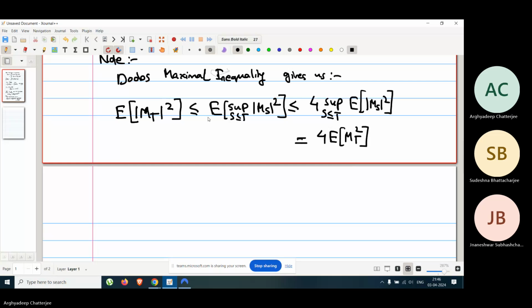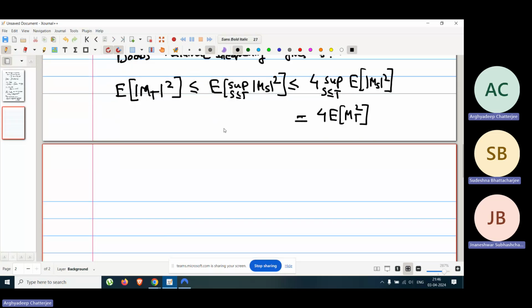It's just applying Hölder's inequality to that probability form, and we get this formula. It's nothing separate. The left one is trivial, right? That one is just basic. It is the upper bound: M capital T is less than the supremum.